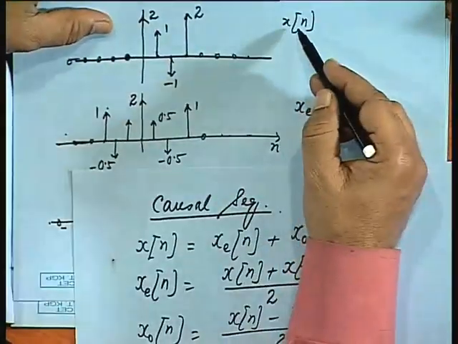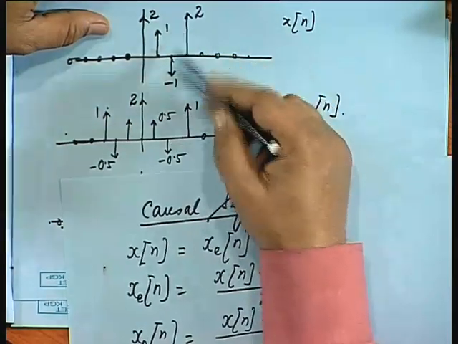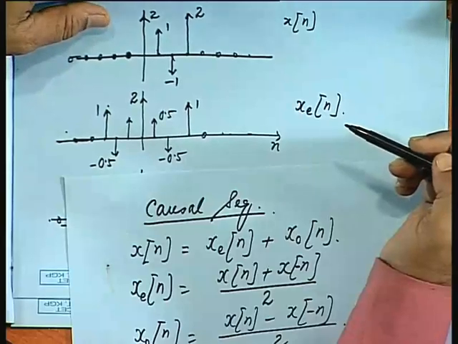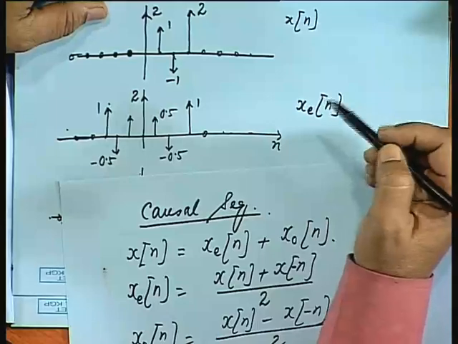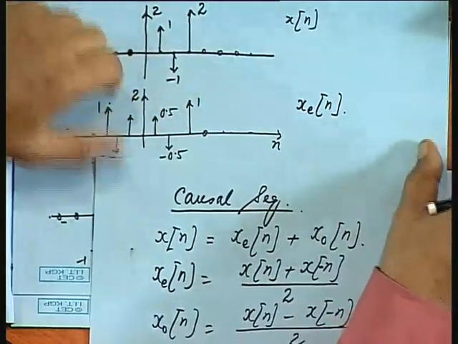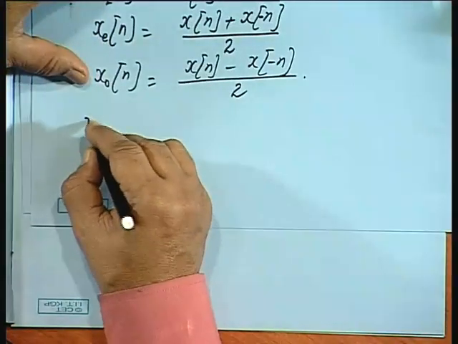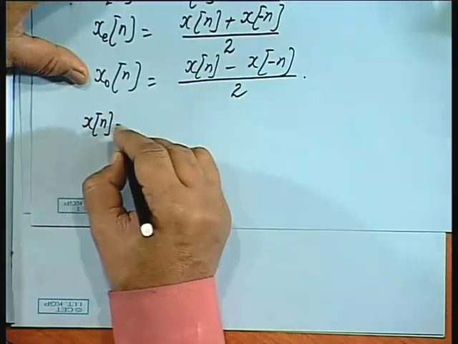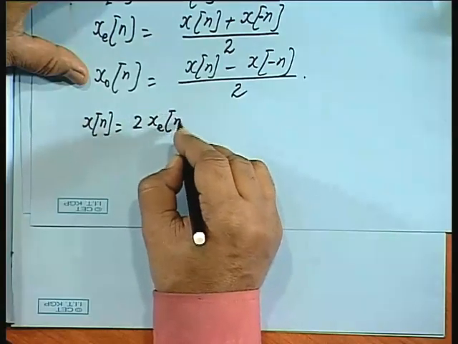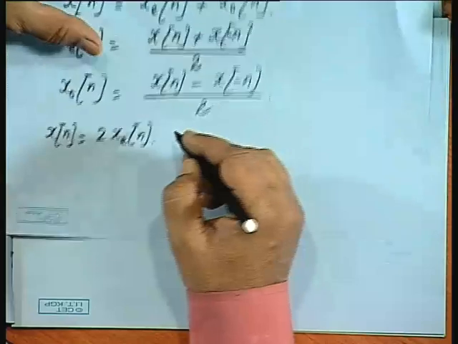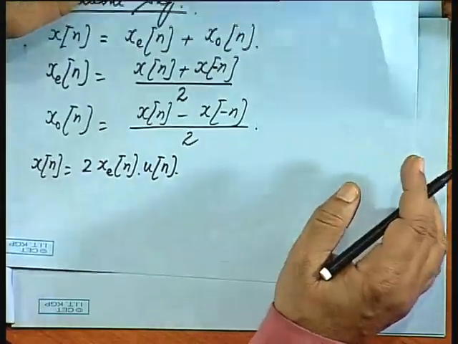Now, x n, if I just multiply x e n by 2, I will get these values except the first one, is it not? If I multiply this by 2, I will get rest of the values, that is for n not equal to 0. So, x n I can write as 2 times x e n into u n.